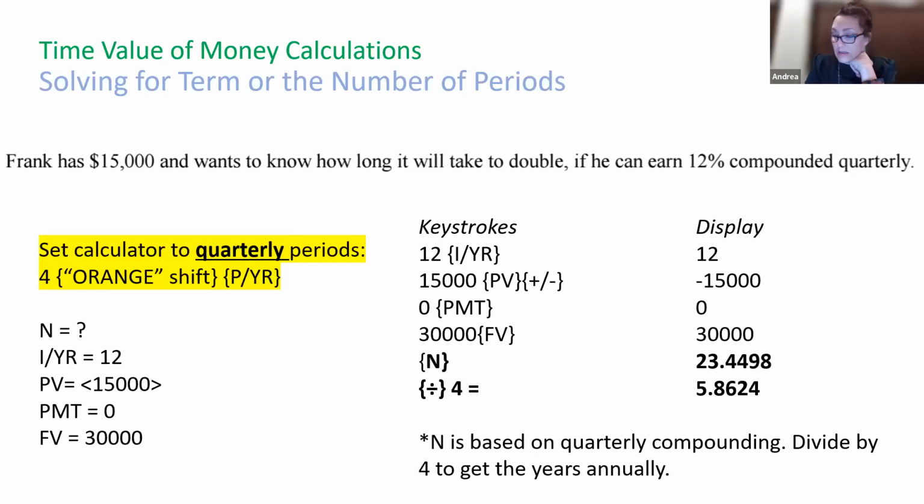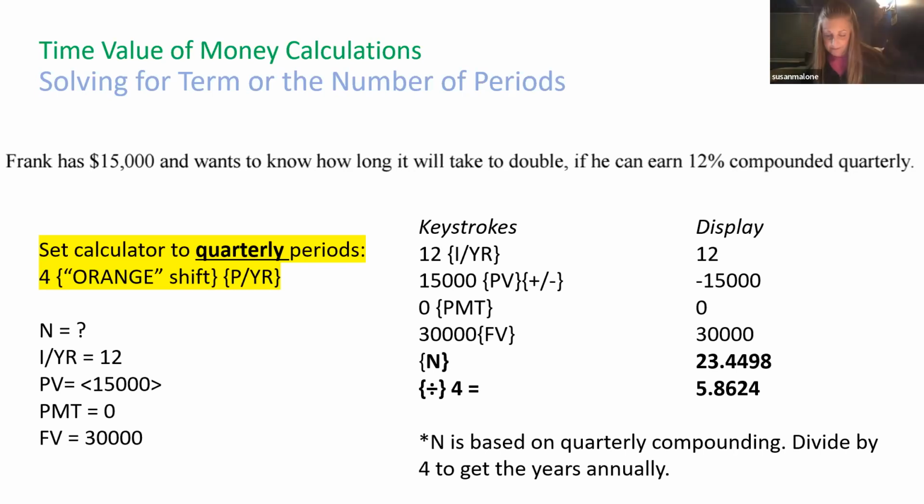Okay, so clear your calculator. What do you see when you clear it? When I clear all, it says 4. Okay, hold on, I'm just setting mine with you. So I'm going to do 12 and then I/YR, the second button on the top row from the left.